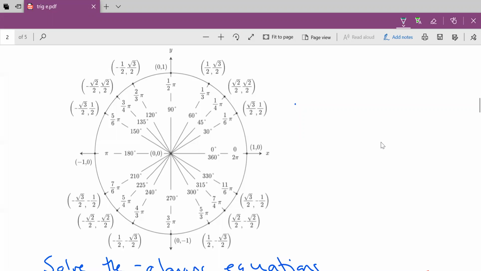All right, here's the unit circle. So where is the y value, root 3 over 2? Right there, right there. Negative root 3 over 2, negative root 3 over 2. And our domain that was given was in degrees. So our solution will be 60, 120, 240, and 300 degrees.